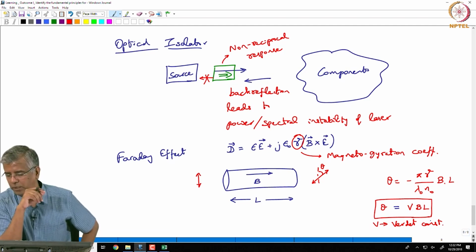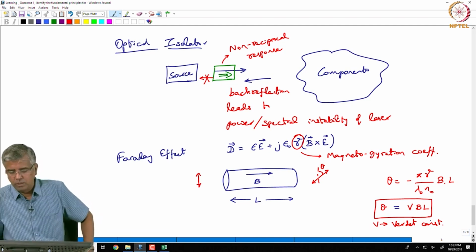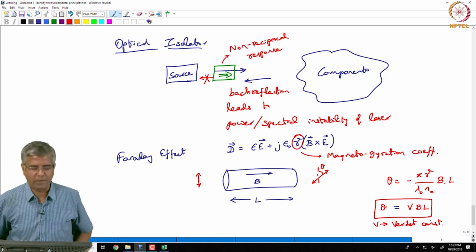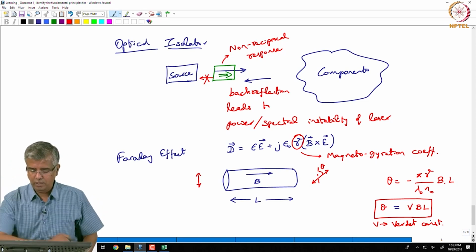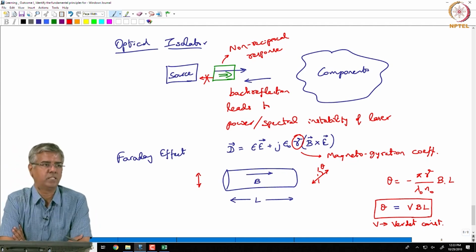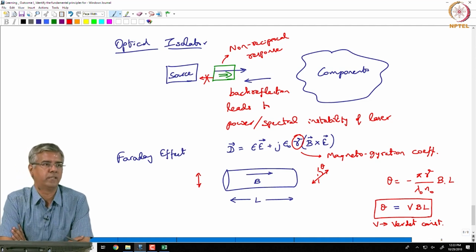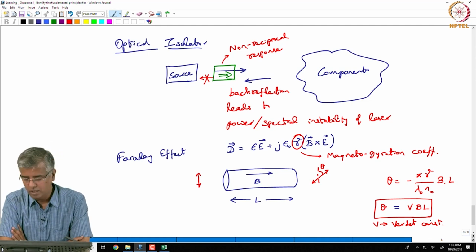So, the question is, can this B correspond to another electromagnetic wave? Possibly. You can say that, this just says B cross E. So, the other B can correspond to another electromagnetic wave.